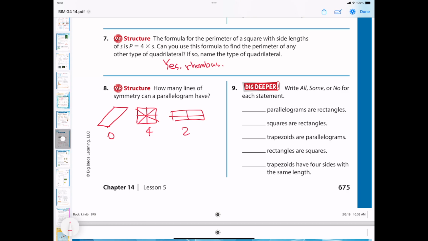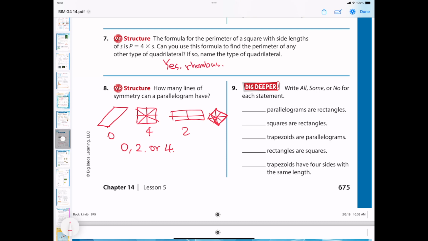What else? A rhombus has 1, 2, the same. So the answer is 0, 2, or 4 lines of symmetry.